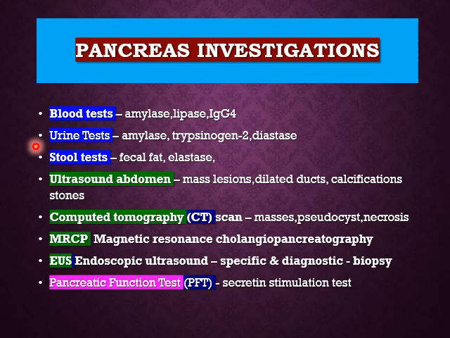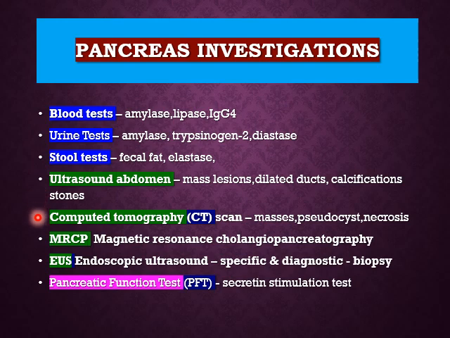Urine tests: amylase, trypsinogen 2, and diastase also increase in patients with pancreatic damage. Stool tests, fecal tests, and stool elastase tests are also important to assess the function of the pancreas. Ultrasound abdomen to detect mass lesions, dilated ducts, and pancreatic calcifications.